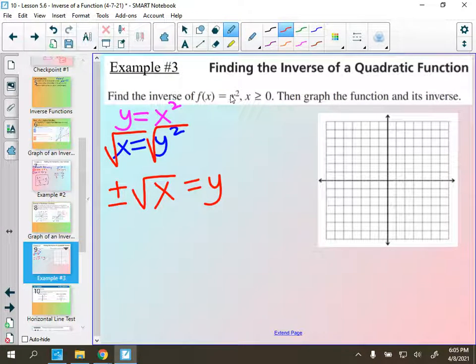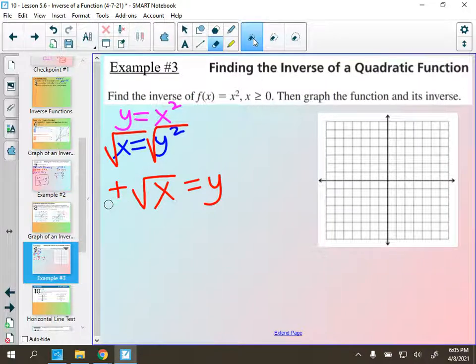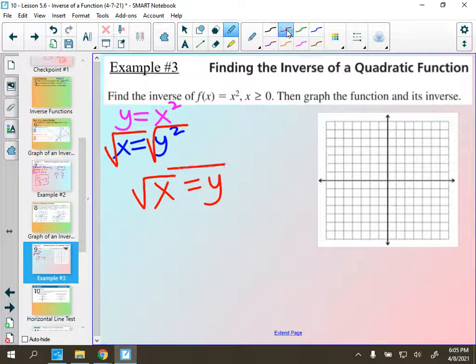So this one's range, y's greater than or equal to 0, now became the domain of this one. Long story short, and I know I probably lost a few of you there, because of that initial restriction on f of x, we're only going to end up with positive outputs on our inverse. Hopefully that makes sense. y equals the square root of x.